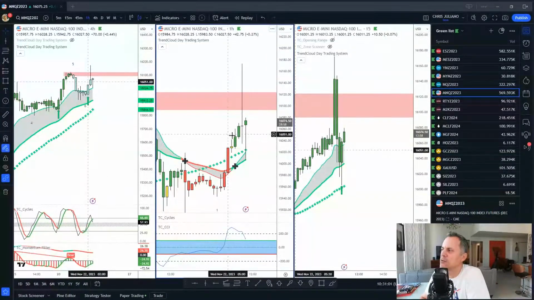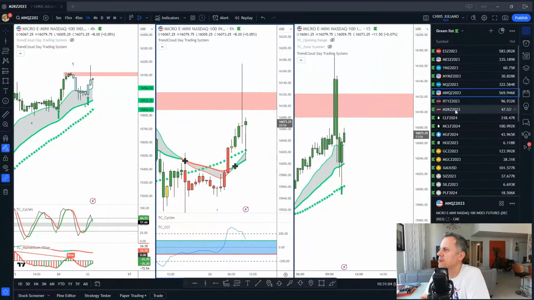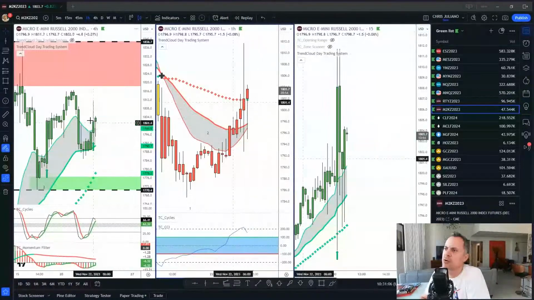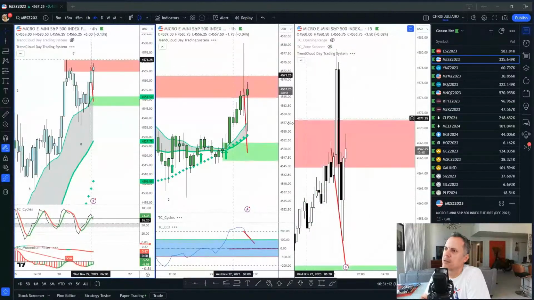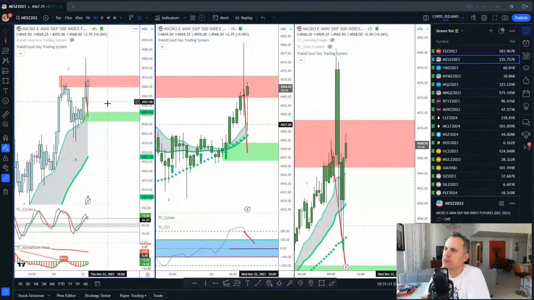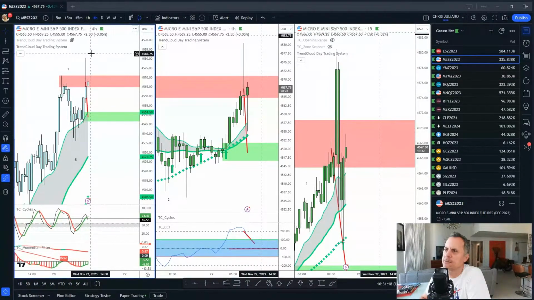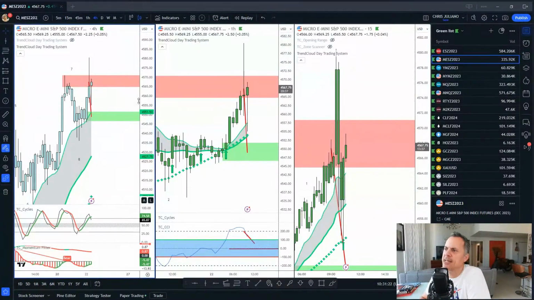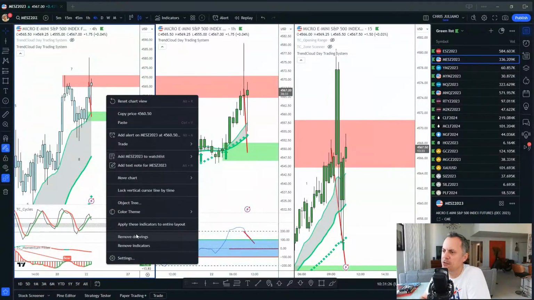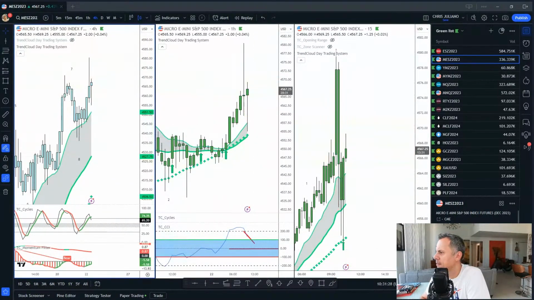So NASDAQ is still trying to make some decisions here. Micro Russell, still caught in the middle of everything. Micro S&P, look at that. We broke to the upside, rejection. So we now have that double top, right? Look at how this, let me clear everything. This is super important.